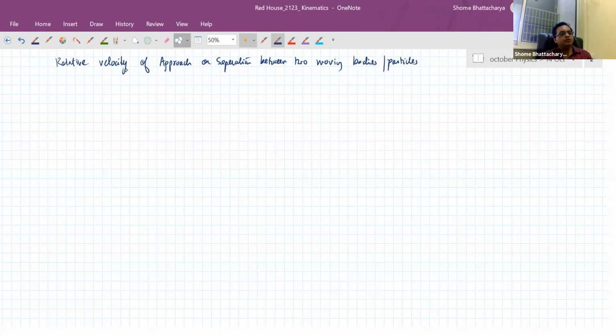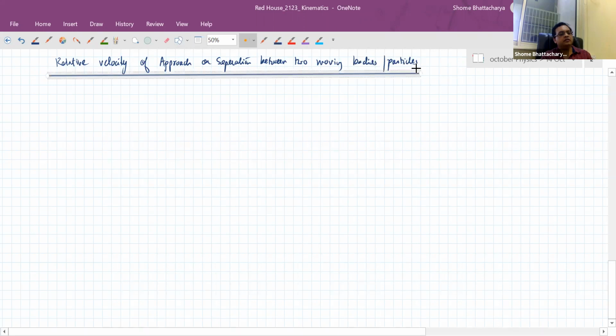So the idea is that if two objects are moving in such a way that, for example, we have two objects like this, which are moving like this. Randomly, they've got some velocities which are like this. This is how they are at t equal to 0. So the distance between them is some s.